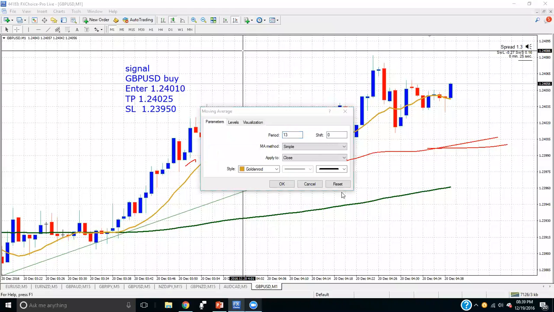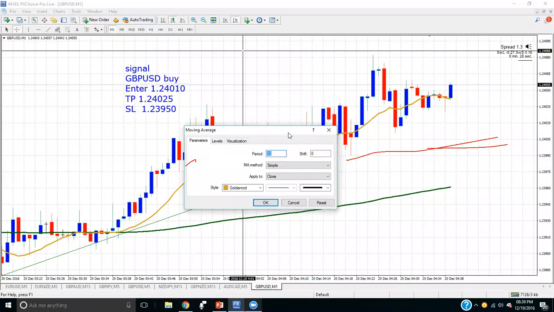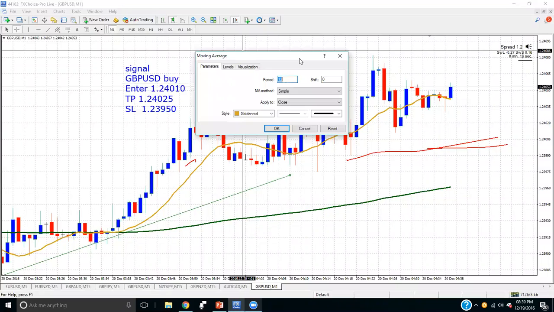And then my 13, which is my goldenrod color here, you want to go ahead and write this down because you're going to need it for your phone when we set these up. So the period is 13. The shift is 0. The moving average method is simple.